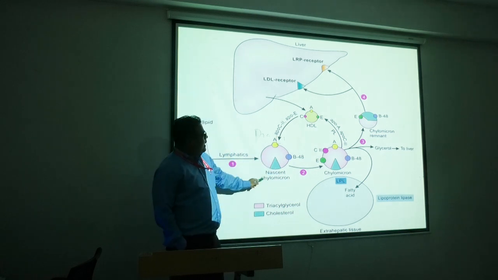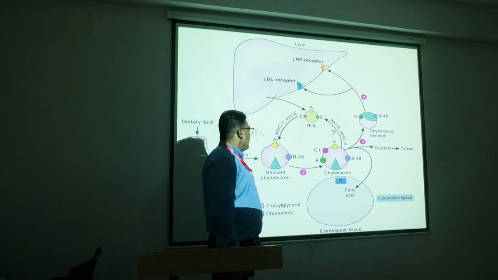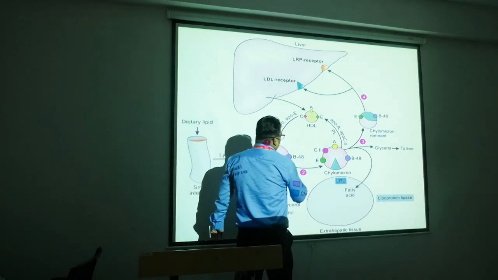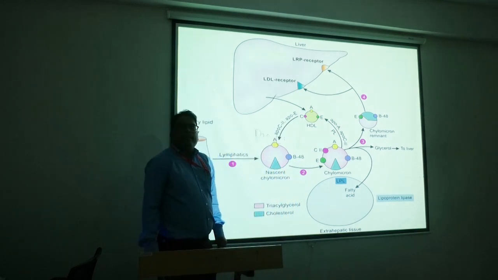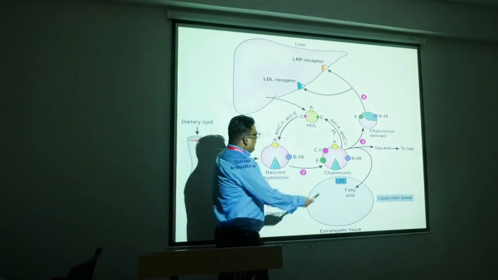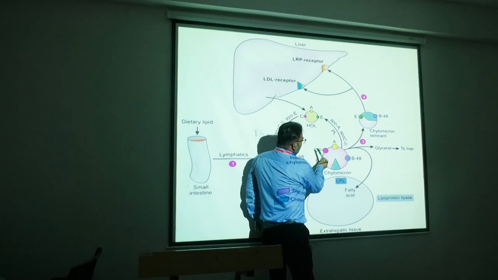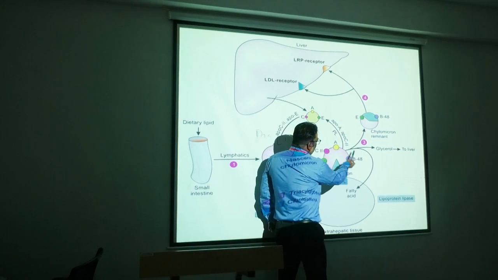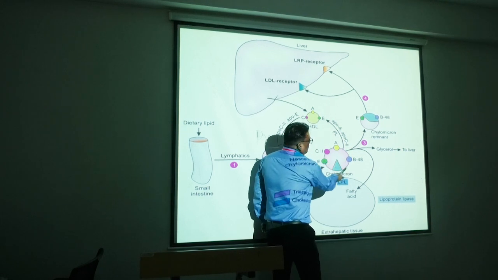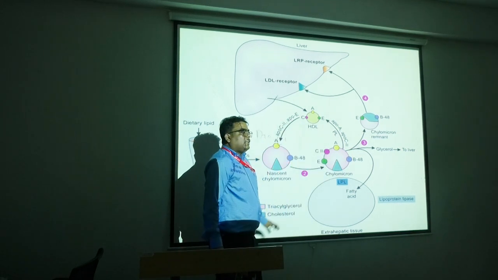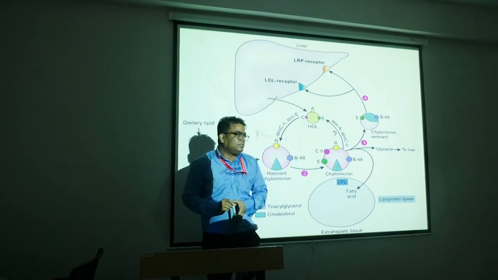Okay? Now the next step is the maturation of this molecule. So where does this molecule mature? In the next step. How does it mature? These ApoC2, ApoB48, ApoA, ApoE proteins are attached to this chylomicron. Now it is mature.